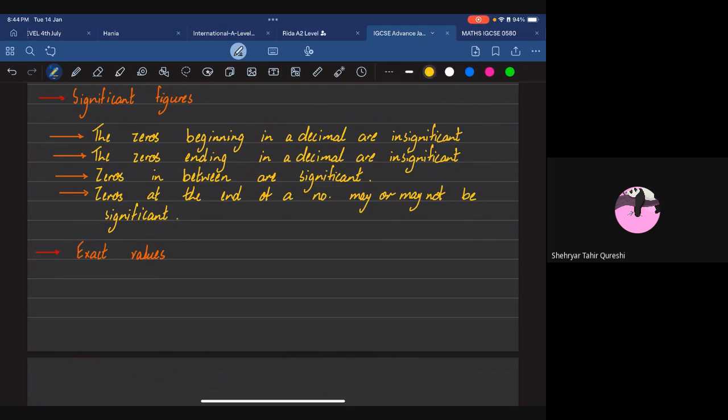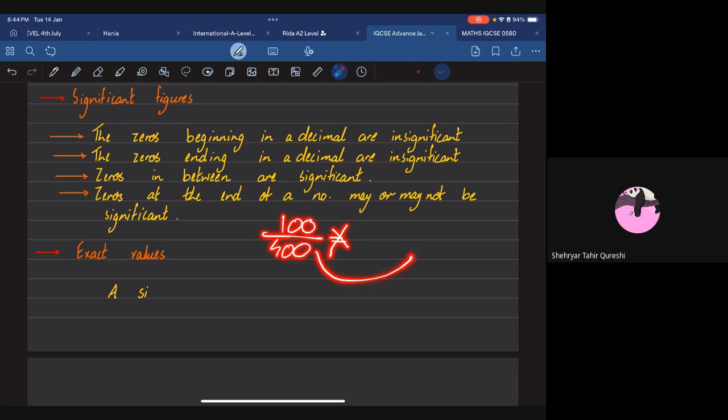An exact value answer can be a simplified fraction. Obviously, exact values do not mean that you can write 100 over 400. This is not an exact value.